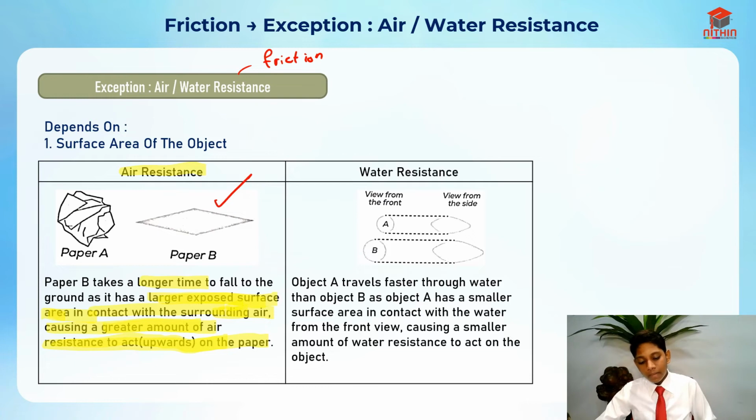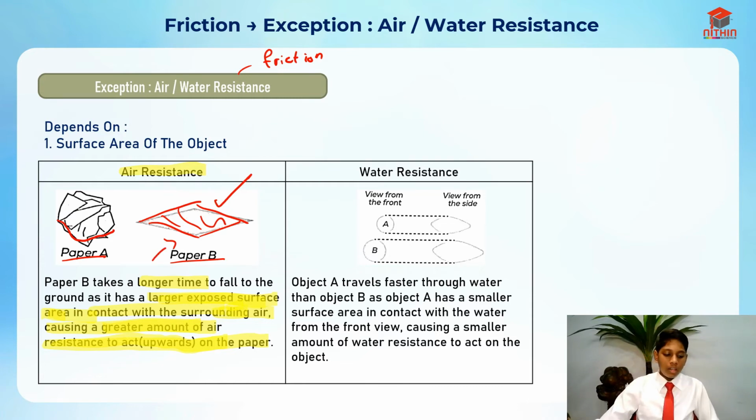Paper A does not have a larger surface area than paper B, because as you can see, paper B has this much, while paper A only has this much. Okay? And it's basically in contact with the air. So paper A actually should have this much only, while paper B has this much on the below surface.